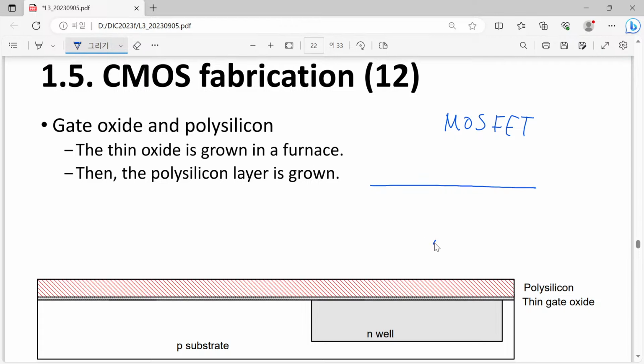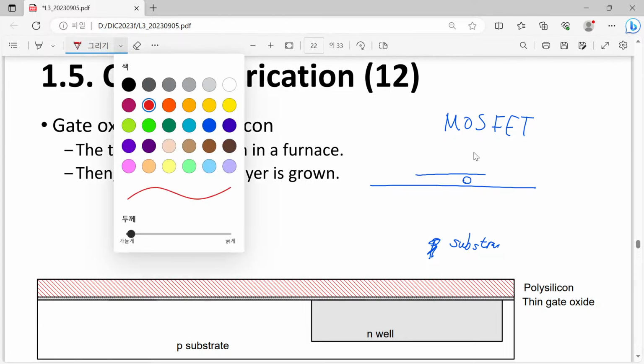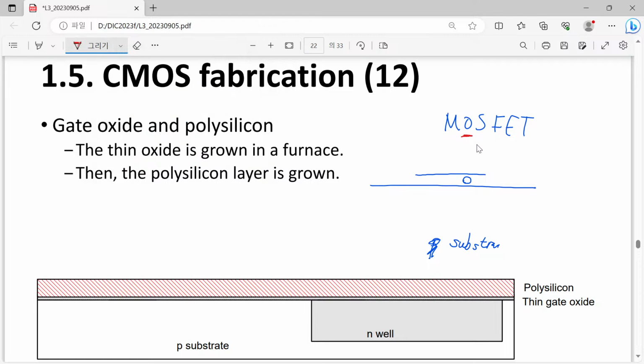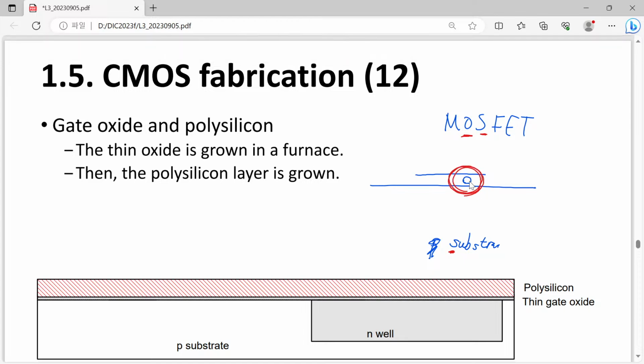Of course, you must have a substrate, p-type or n-type. You must have the substrate, and also you must have O. This O corresponds to your O here. S is here. So in this slide we are looking at the steps to make our oxide, and the quality of this oxide is critically important. Please note how we turn on and turn off our transistor.